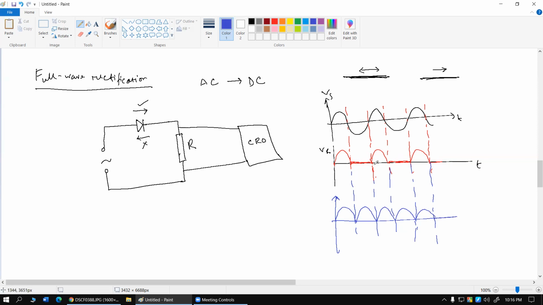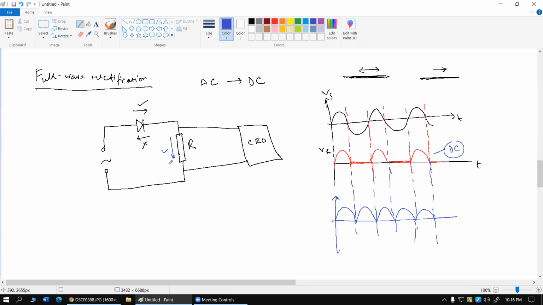You have to understand one thing. Although some parts of this half-wave rectified output are 0, this is still a DC supply or DC output. Because what is the concept of DC? DC concept is that within a circuit, current only flows in one direction. You can see that as long as current flows through this resistor R, it flows in this direction. When current does not flow, current will be 0.